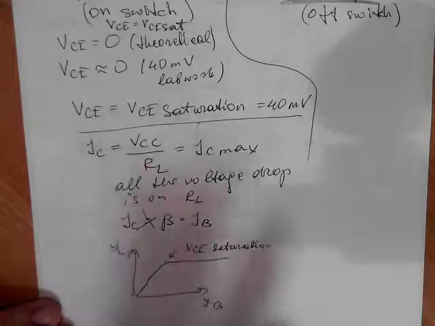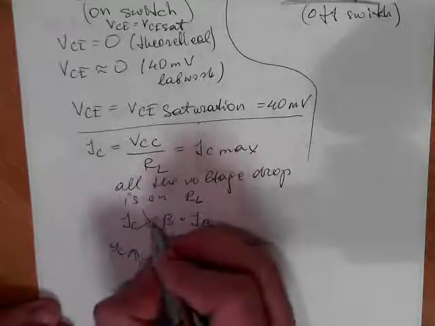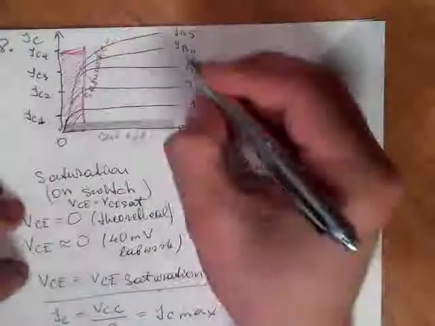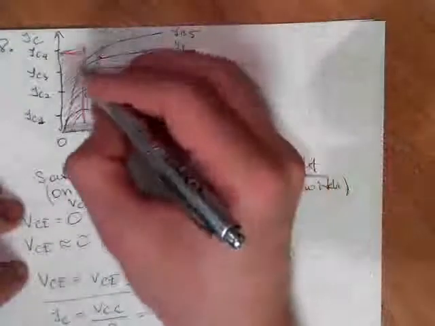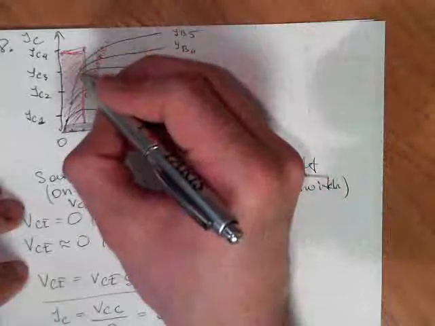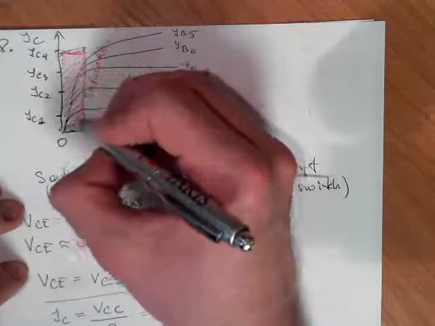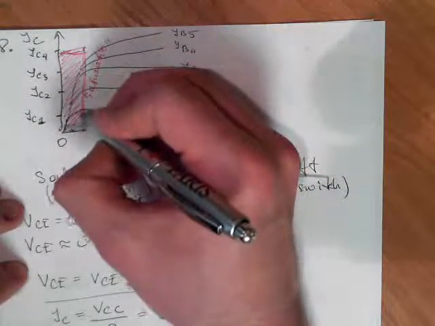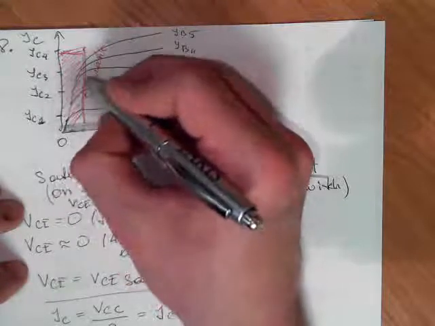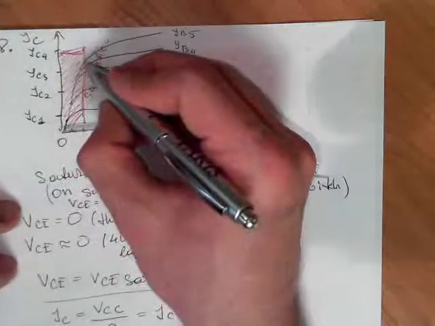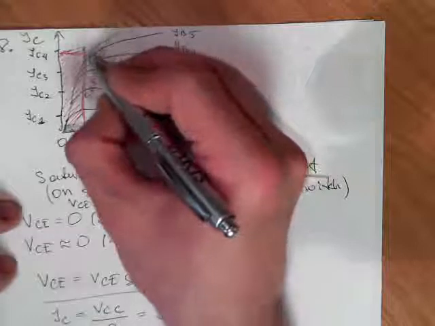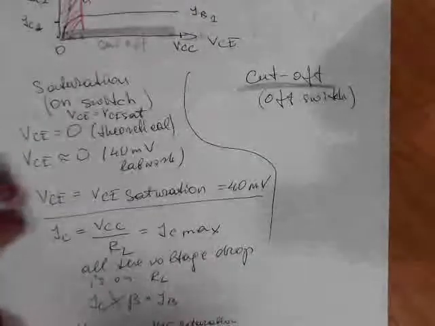Base current no longer controls collector current. So this relation is not valid anymore. You can see IB is increasing, and IC is no longer linear with IB, because these gaps come closer and closer, and this is what happens.